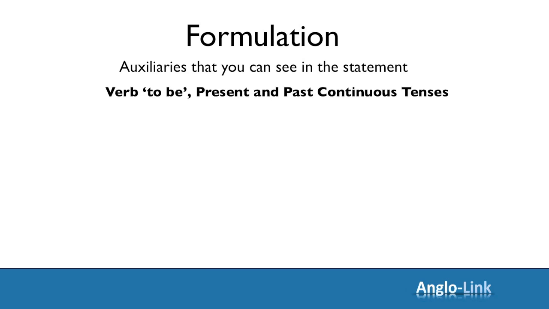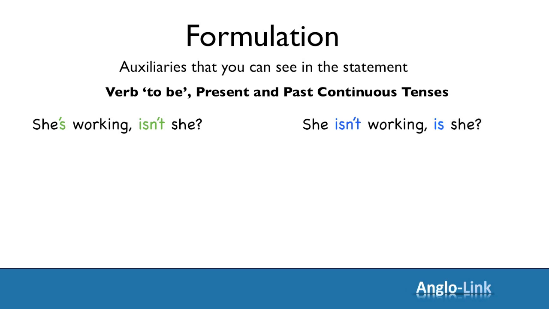So let's look at the formulation of question tags for statements where you can see the auxiliary in the positive statement. The first group is the verb to be and the present and past continuous tenses. She's working, isn't she? Or the negative statement, she isn't working, is she?